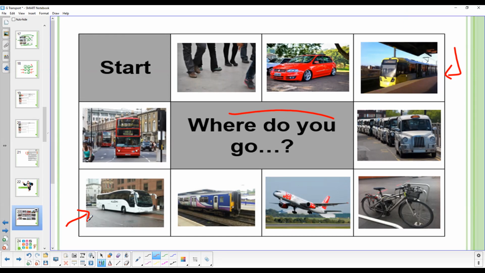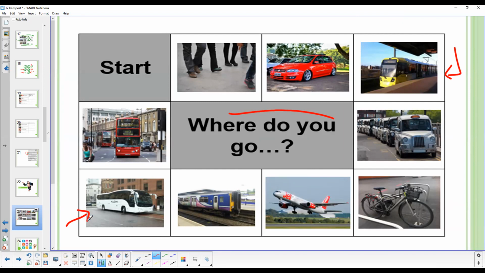Okay, me. Ask Arwa. Arwa, where do you go by aeroplane? Aeroplane or plane is the same. I go to the airport by plane.